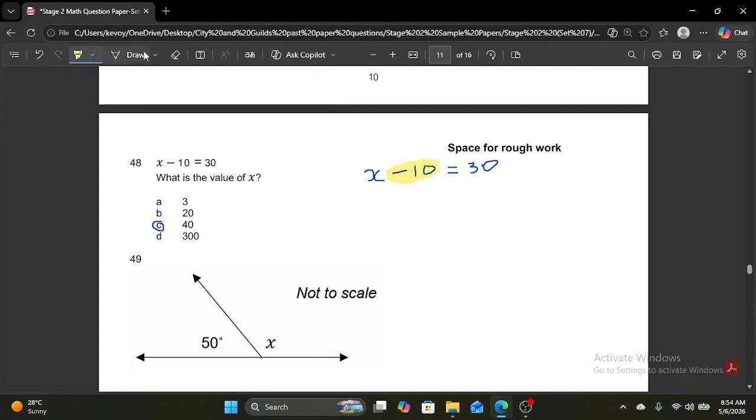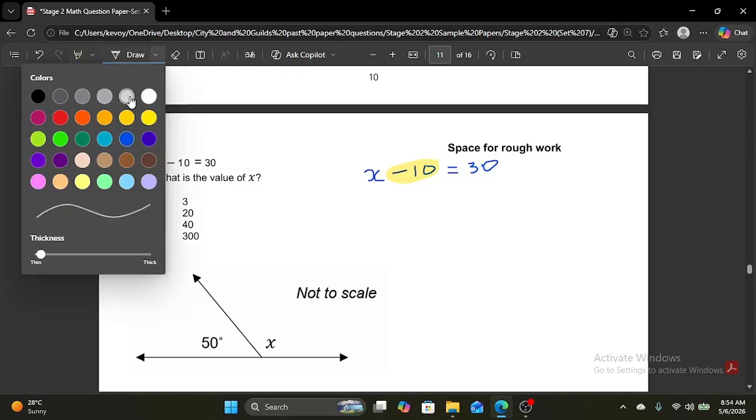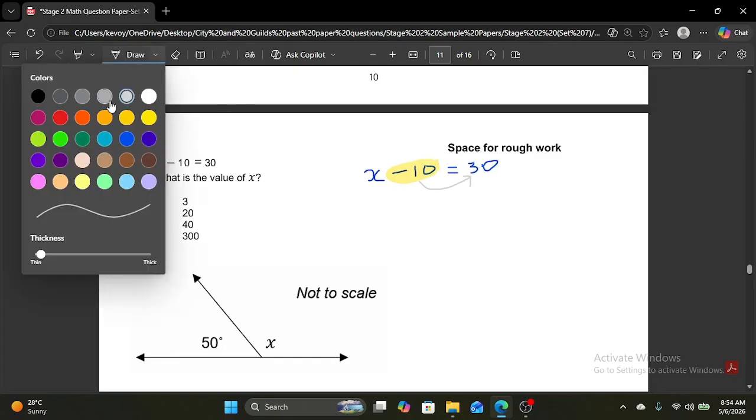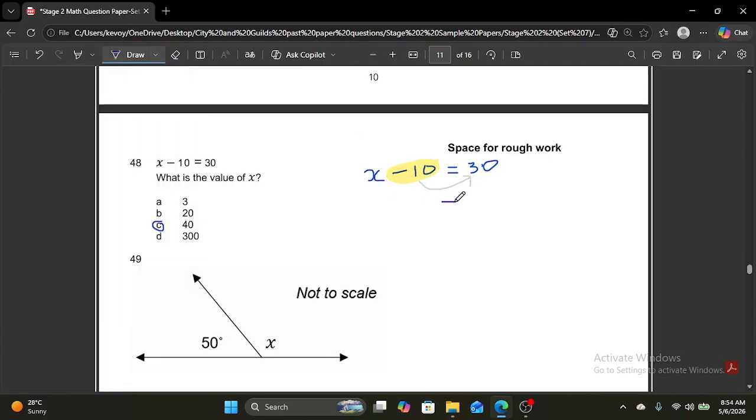So if we wanted to, we could use the same approach as before, where if we move the 10 to the other side of the equal sign, the sign will change to the opposite and the number will remain the same. So the sign changes to the opposite, but the number remains the same.